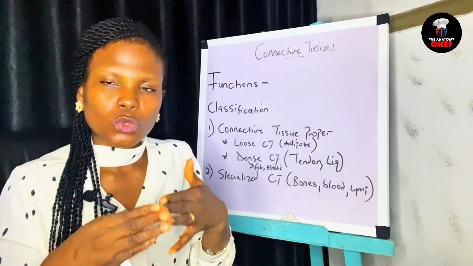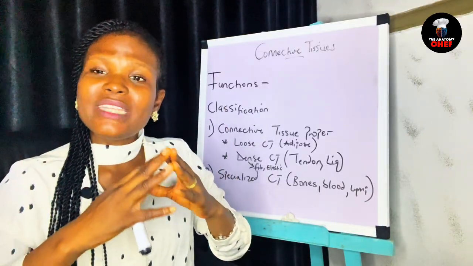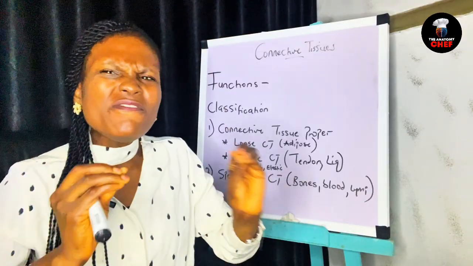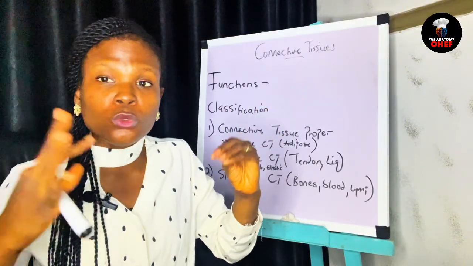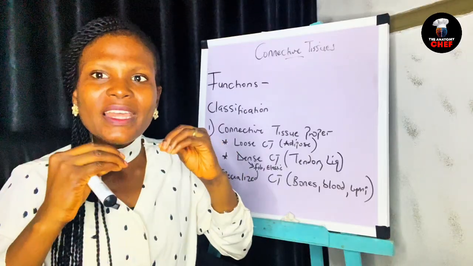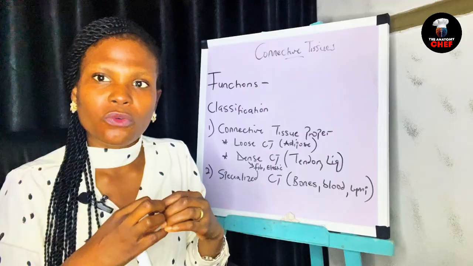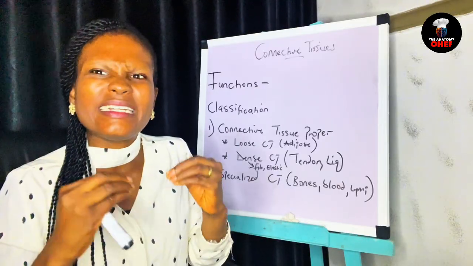Is that all right? Good. Another characteristic of the dense connective tissue is that even though they are very flexible, they are tough. The toughness is a result of the tightly packed network of fibers. That is the reason why it is dense.